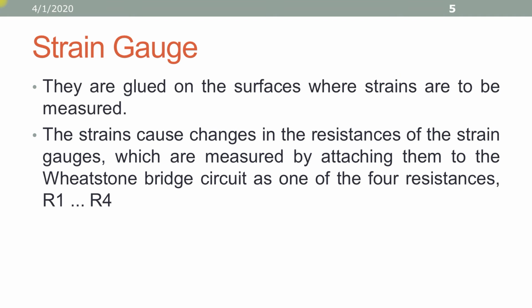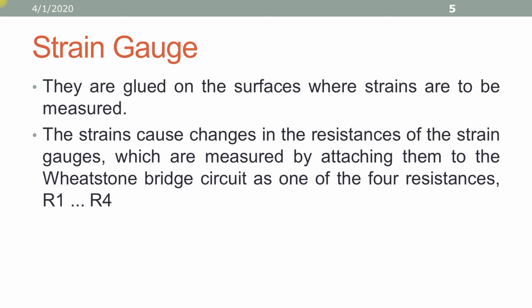When there is a change in force or pressure, the resistance will change. This resistance can be measured using a Wheatstone bridge circuit. A Wheatstone bridge circuit contains four resistances, R1 to R4. One will be the unknown resistance, that is the strain resistance, and we can easily calculate the unknown resistance from this method.